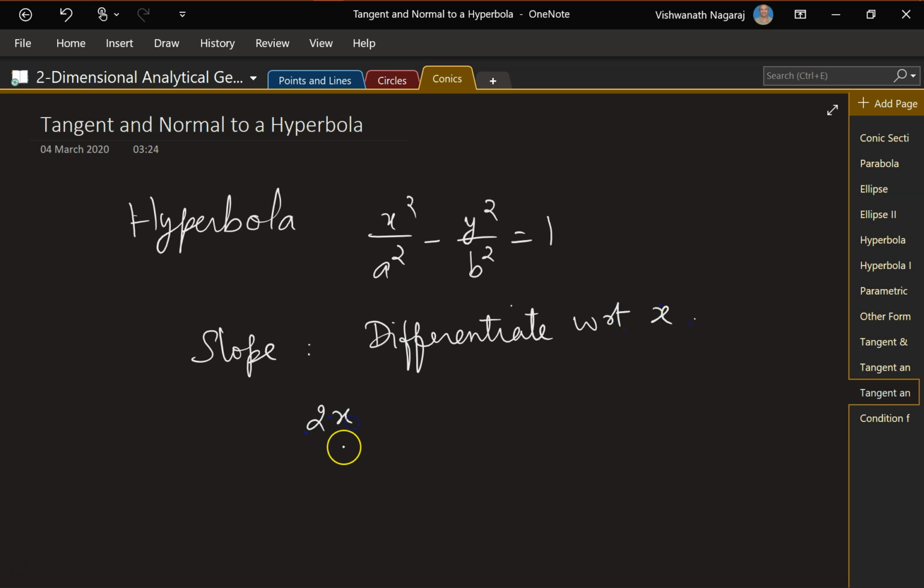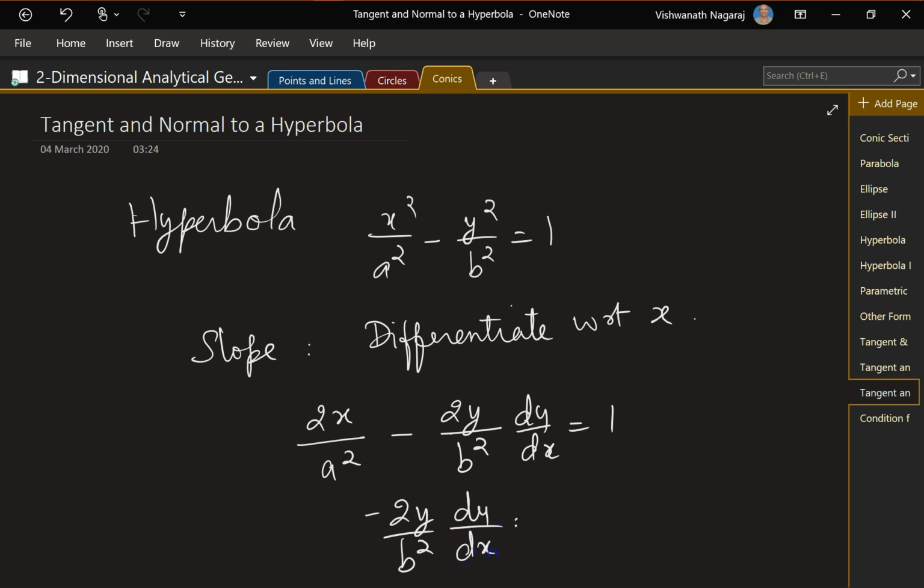So when we differentiate, we get 2x by a squared minus 2y by b squared times dy by dx is equal to 0. Minus 2y by b squared dy by dx is equal to minus 2x by a squared.